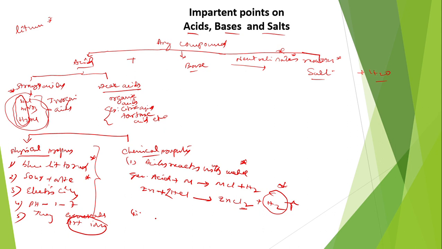Next is metal carbonates. Carbonates means you have to remember that it is CO3. Suppose you see CO3 in a reactant, then you can tell that in the products there may be a possibility of liberation of carbon dioxide.